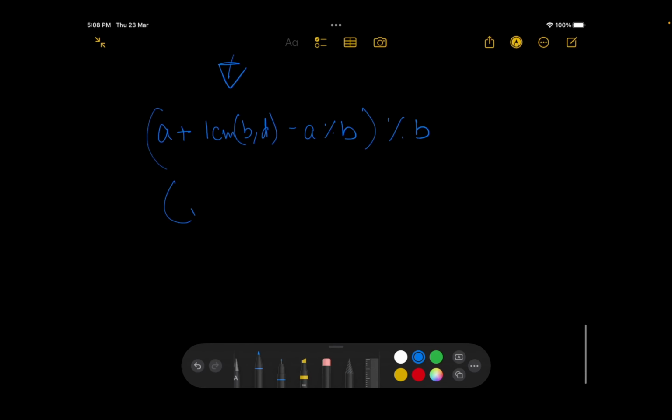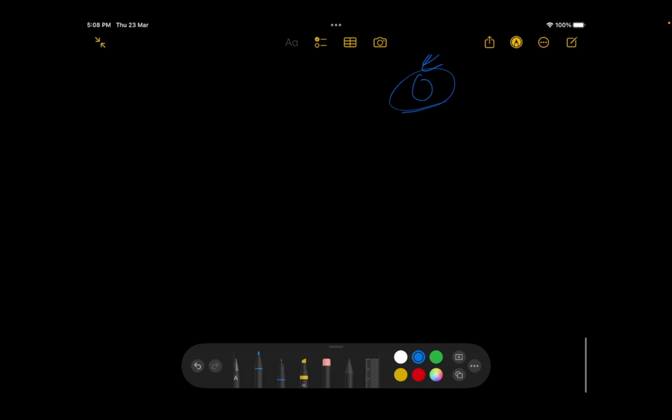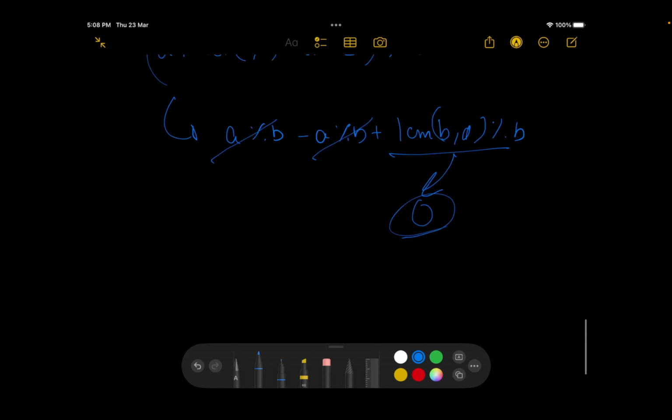If I expand it, this becomes a mod b minus a mod b plus LCM(b, d) mod b, and then this would get cancelled out. Its value is 0. So in both scenarios, on the LHS as well as the RHS, you are going to get a 0.